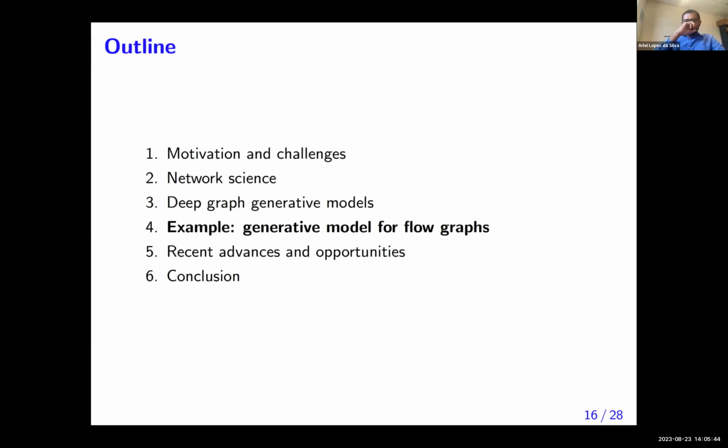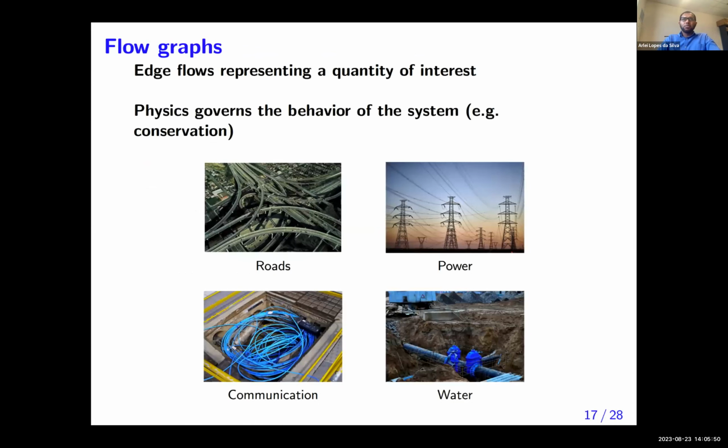So now let me give you an example of a generative model for graphs that we have developed in the past. This model is for a type of graph that we call the flow graph. A flow graph is a type of graph that shows up in a lot of applications. It's a graph where you have physical quantities that move through the edges of the graph.